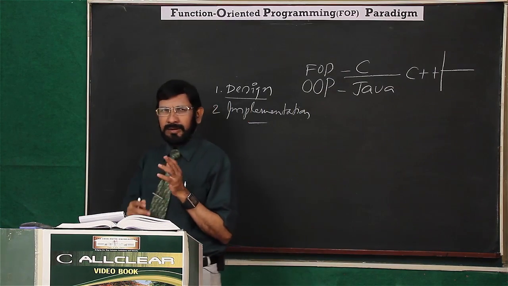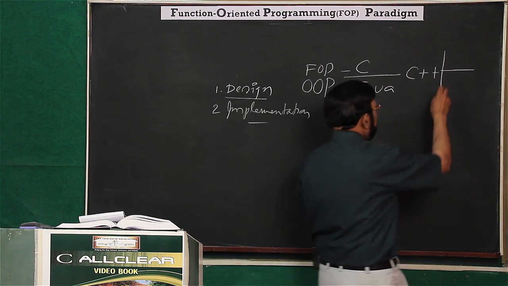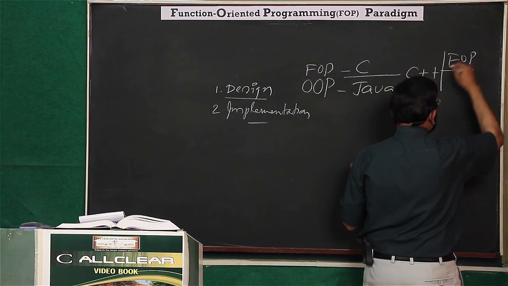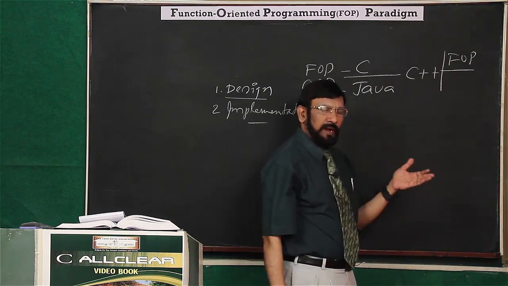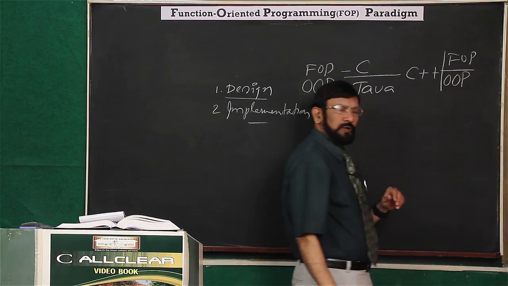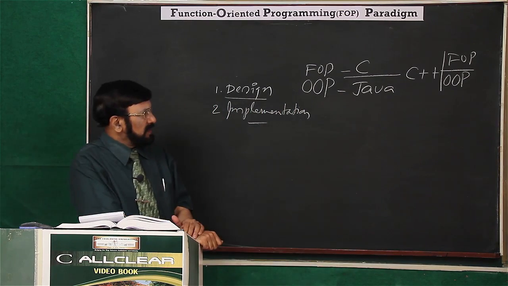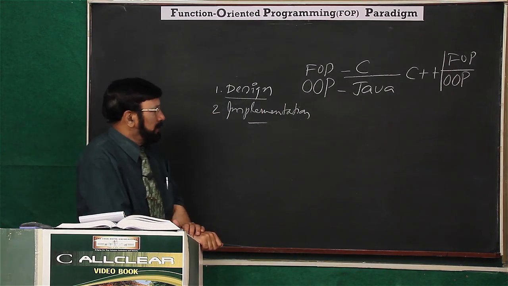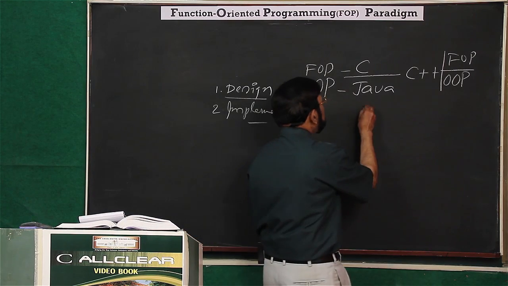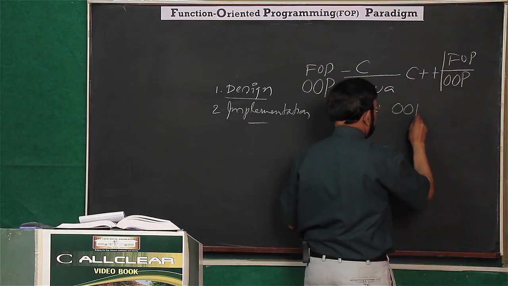First part is called better C, that is improved C. Improved C is based on FOP and object oriented programming, that is OOP. So C++ is a hybrid language based on FOP and OOP. And next, C# is also a pure OOP language.